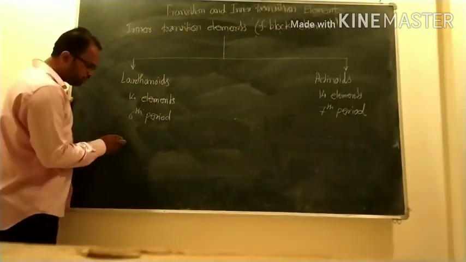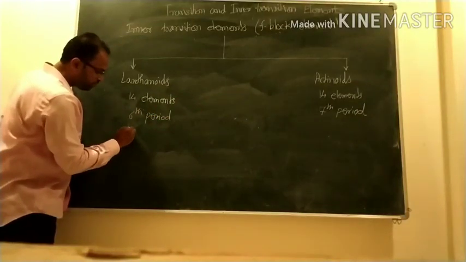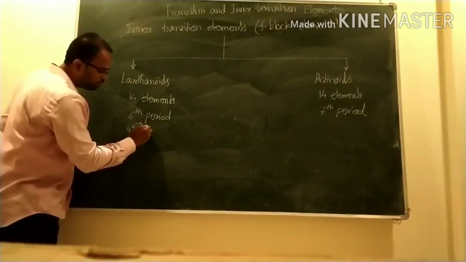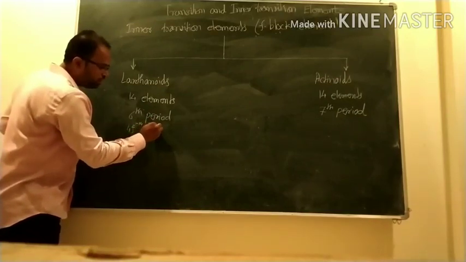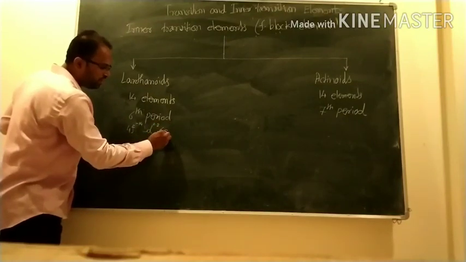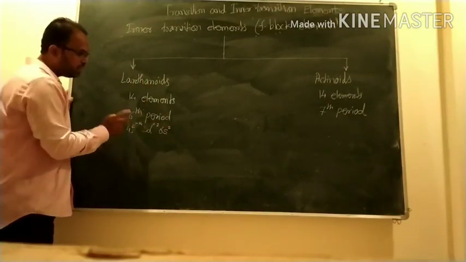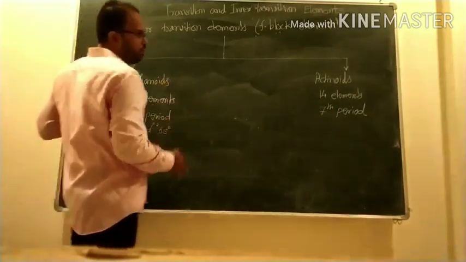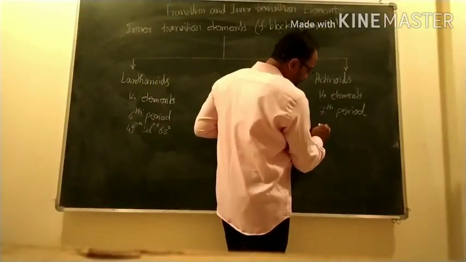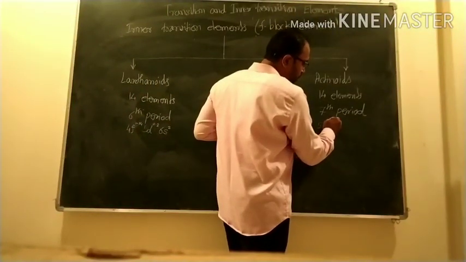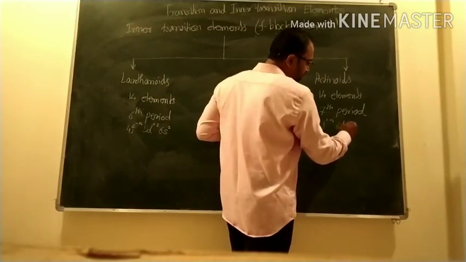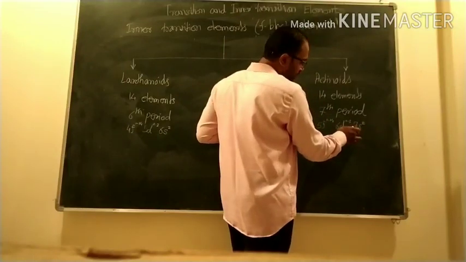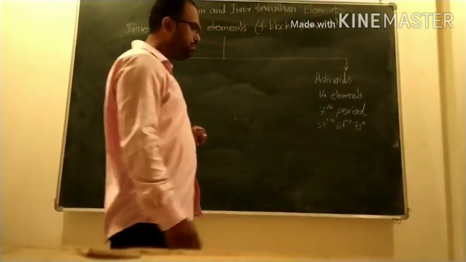The general electronic configuration of lanthanoids is 4f 1 to 14, 5d 0 to 2, 6s 2. The last shell is 6, so they are placed in the 6th period. For actinoids, the general electronic configuration is 5f 1 to 14, 6d 0 to 2, 7s 2. The last shell is 7, so they are placed in the 7th period.